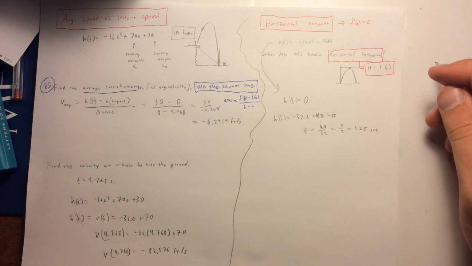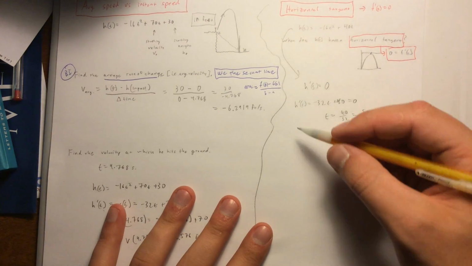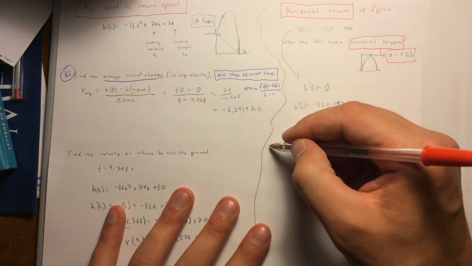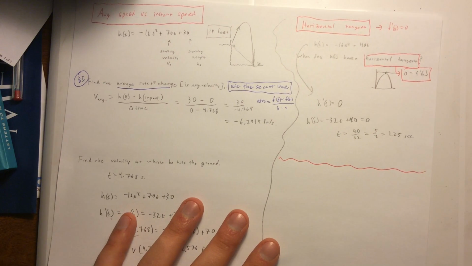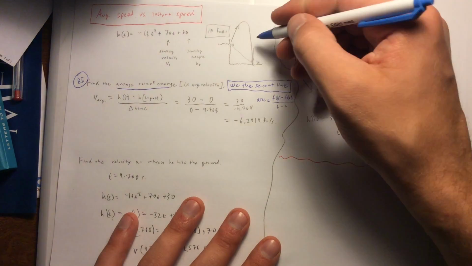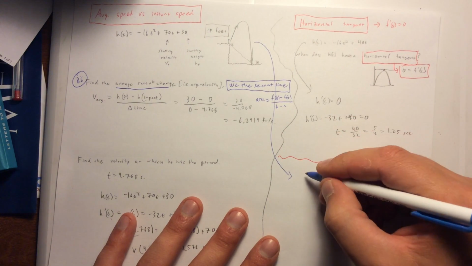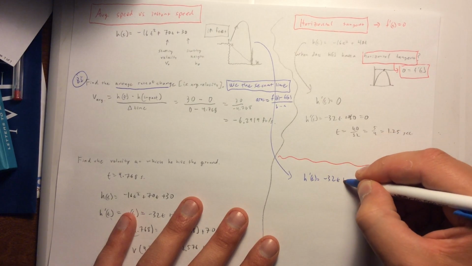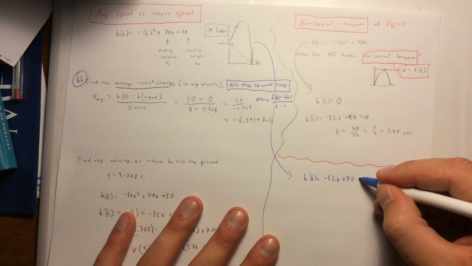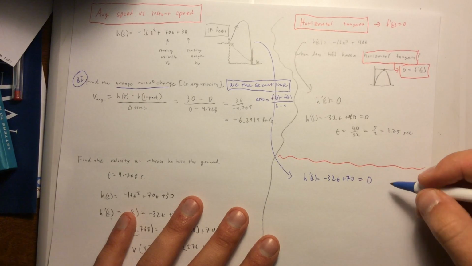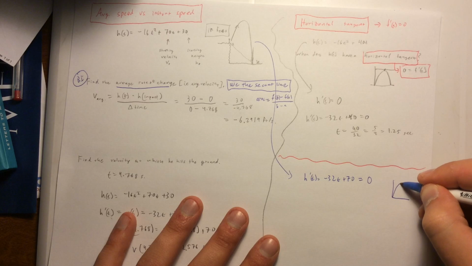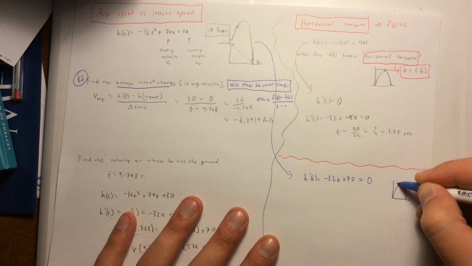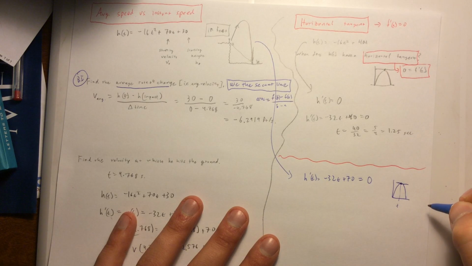You may say, Mr. Kuhne, why does anyone care about that? Well, let's go back to Ben's problem here. We can figure out how high Ben went using simple calculus. H prime of t, we said, was negative 32t plus 70. If we can find the horizontal tangent right here, we can find out when he was at his peak height and how high he was.